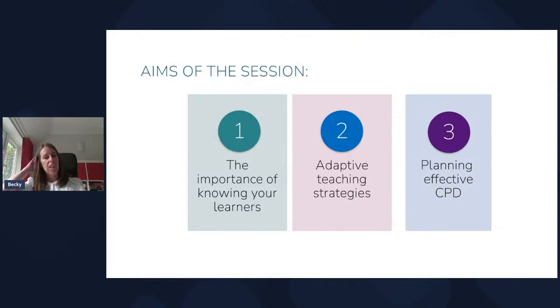The aims of our session today, hopefully, in an hour, a short snapshot, but enough to get you thinking on the importance of knowing our learners within school and how we can support teachers to really get to know the learners in their classroom and how they can best support them.